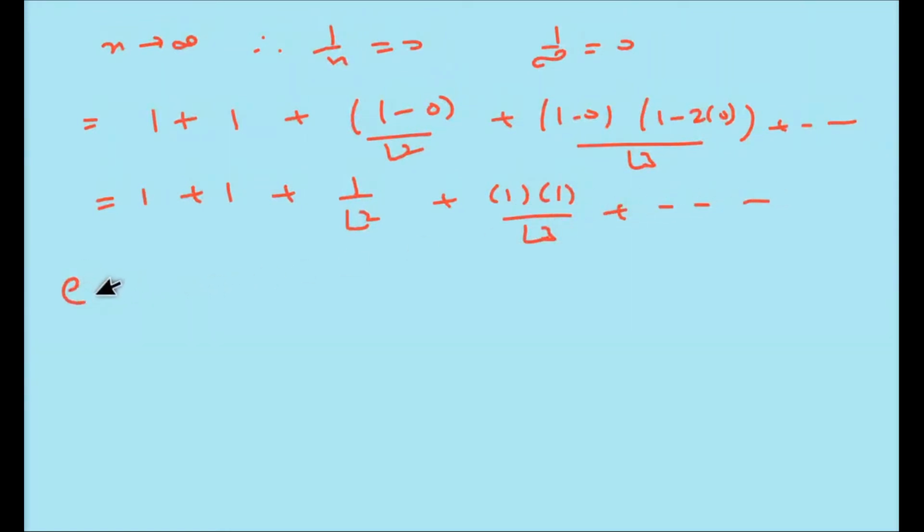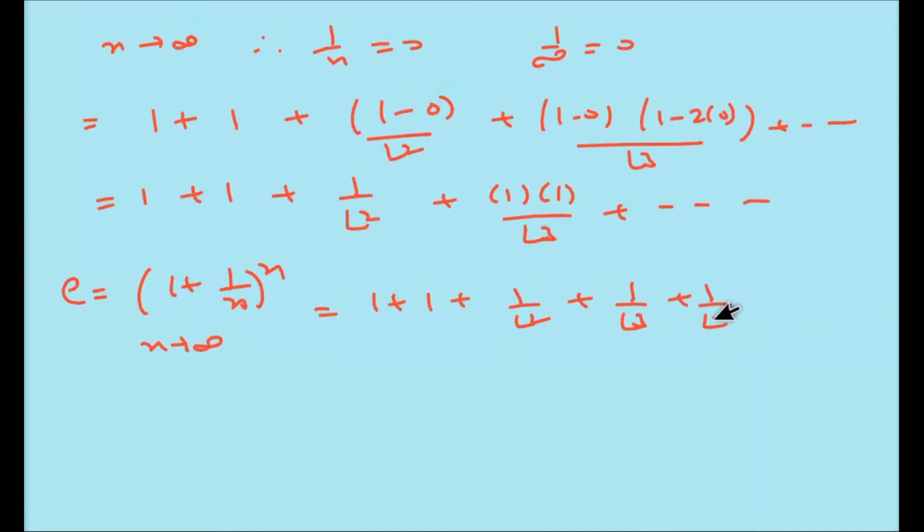So the value of e can be explained by this: 1 plus 1/factorial 2, 1/factorial 3, 1/factorial 4, and so on. So this is the exponential. The value of this is this one.